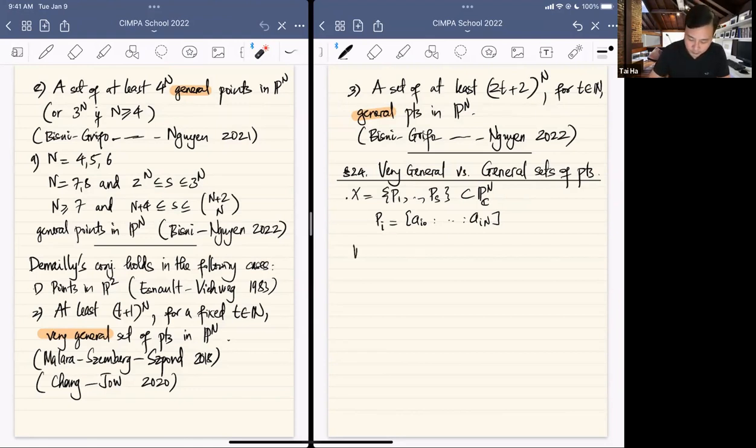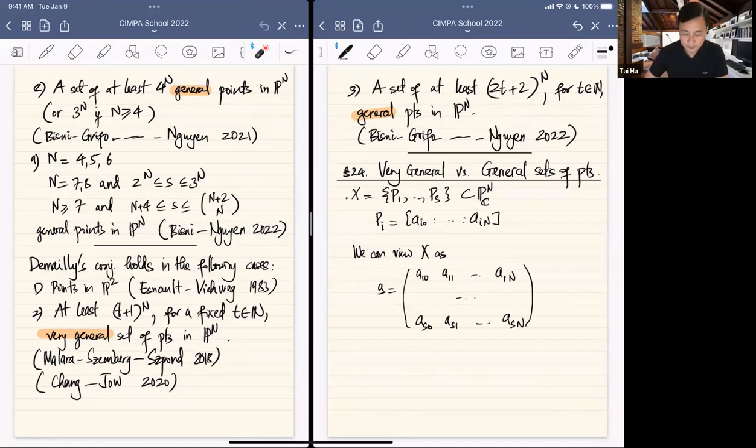I put all these coordinates: A10, A11 up to A1n, and AS0, AS1 up to ASn. So this is going to be an S by n+1 matrix, and I can view this as a point inside my S times n+1 dimensional affine space.